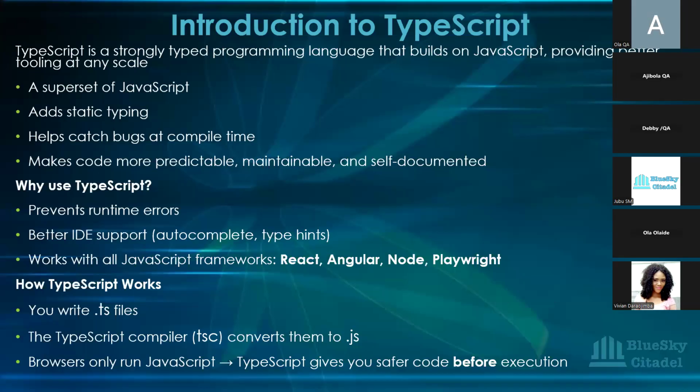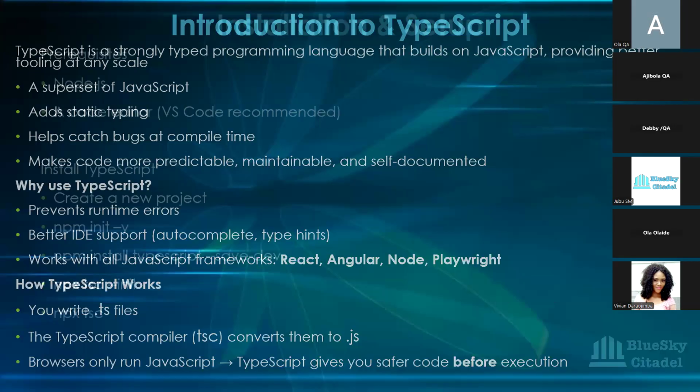So it catches our errors very quickly. Browsers can only run JavaScript, and TypeScript makes your code safer before code execution. Generally our browsers such as Chrome and Firefox can run JavaScript natively.